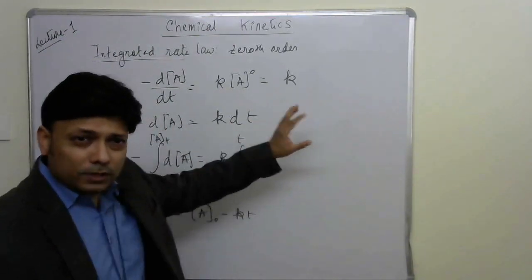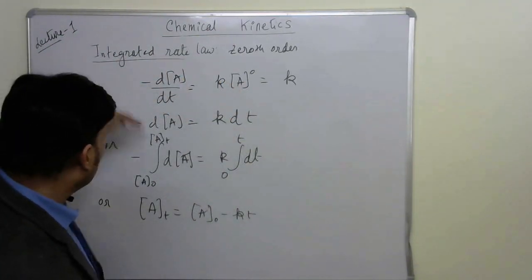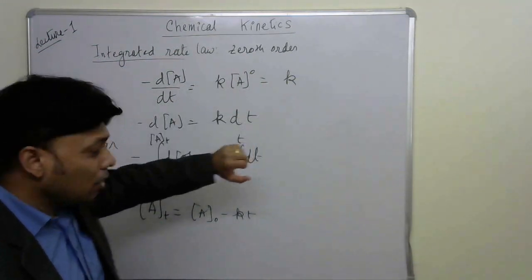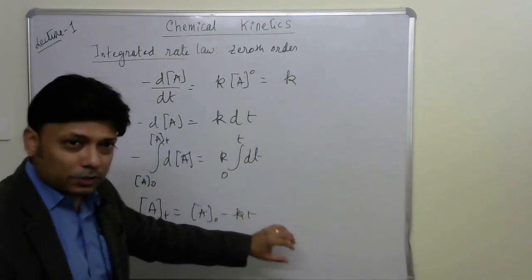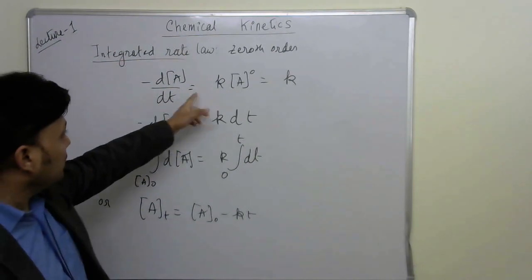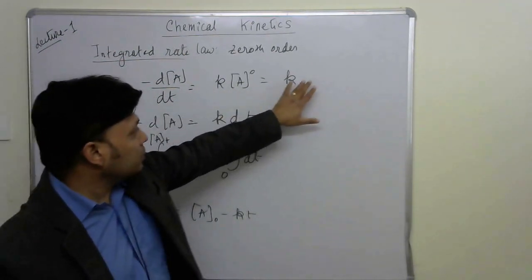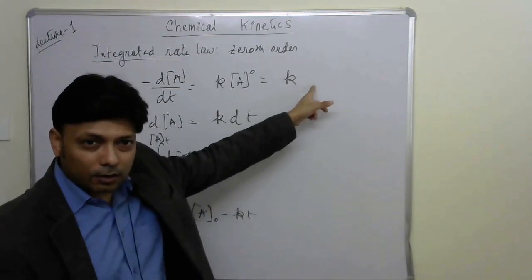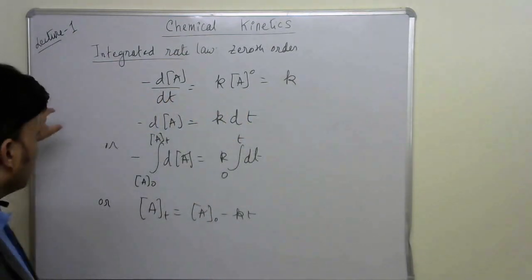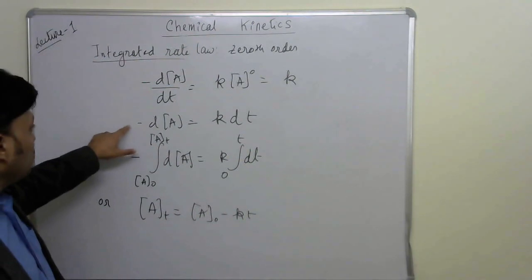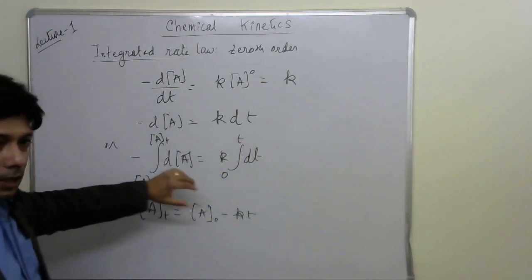I realized that there was a mistake while deriving the zeroth order reaction. Although the final expression was correct, minus dA/dt is equal to k a to the power 0. So a to the power 0 is equal to 1, so we should not write any a term here. Therefore, it reduces to minus dA is equal to k dt.